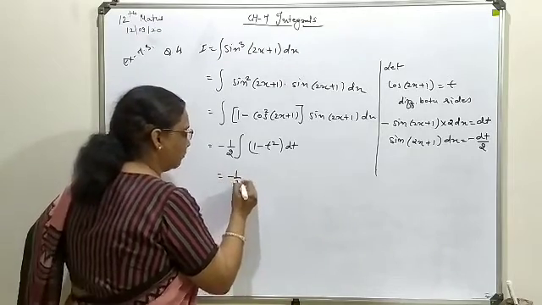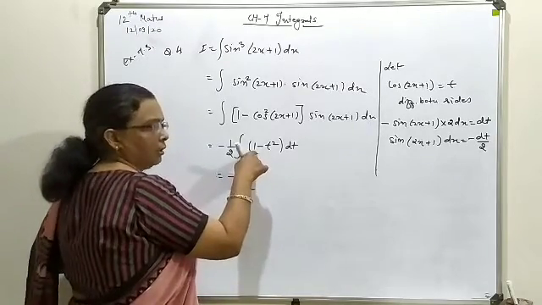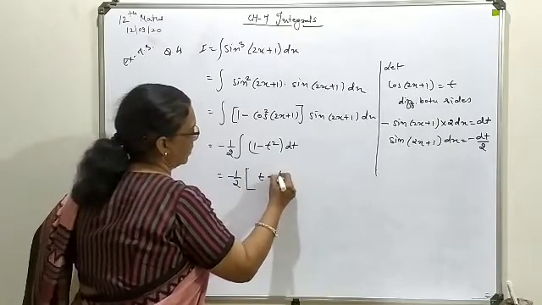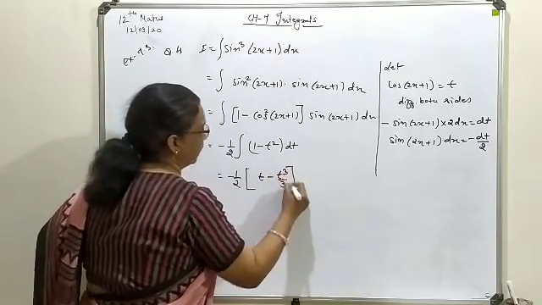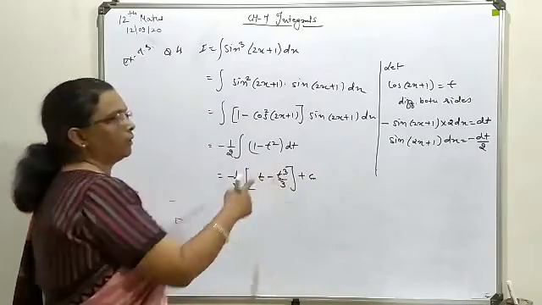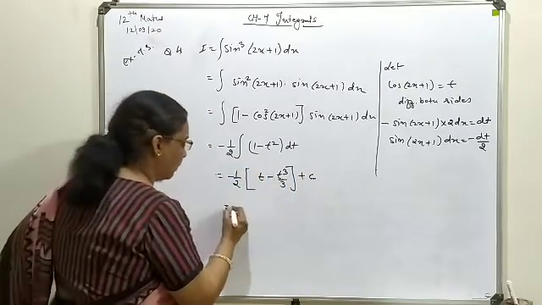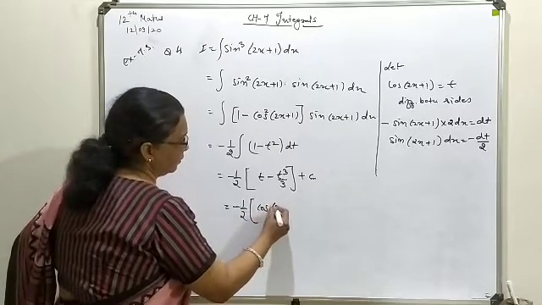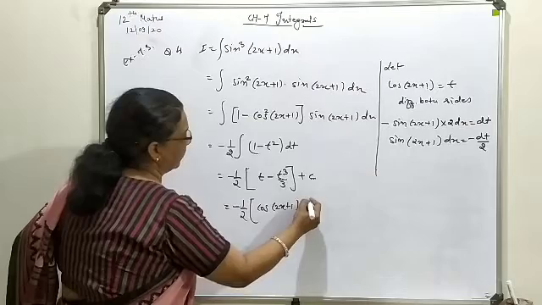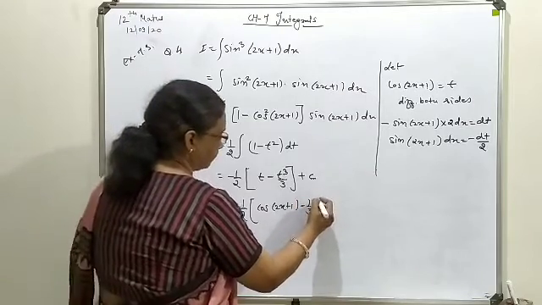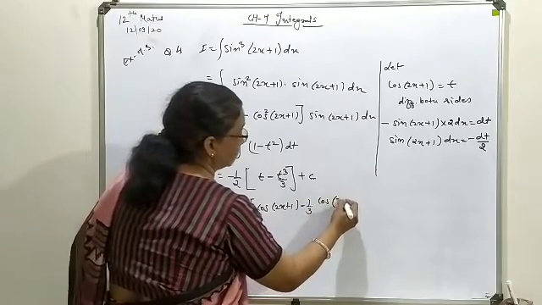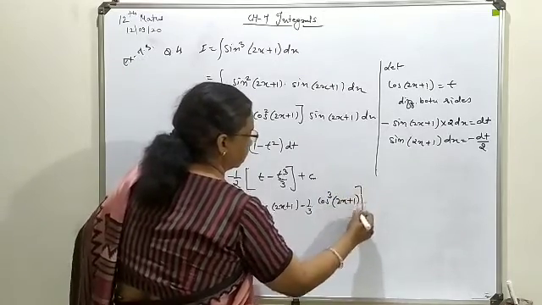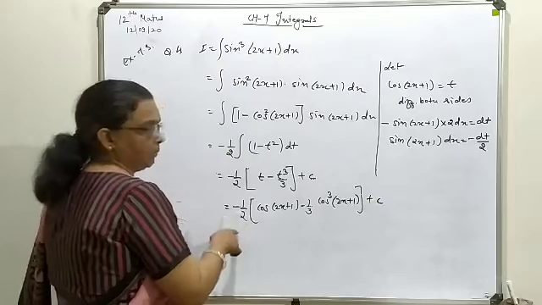Keeping this minus half outside, the integration of 1 is t. The integration of t square is t cube upon 3. Now everywhere substitute t as cos (2x plus 1): minus 1 upon 3 cos cube (2x plus 1). This 1 by 2 you can make a multiplier.